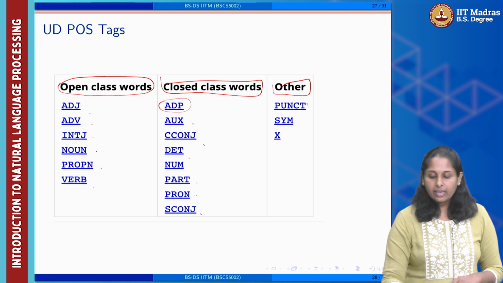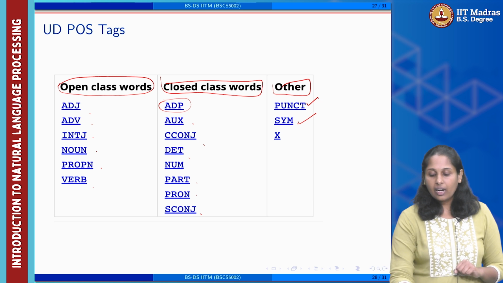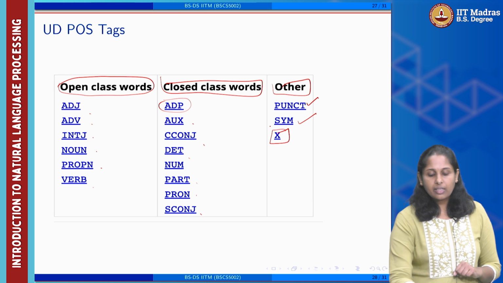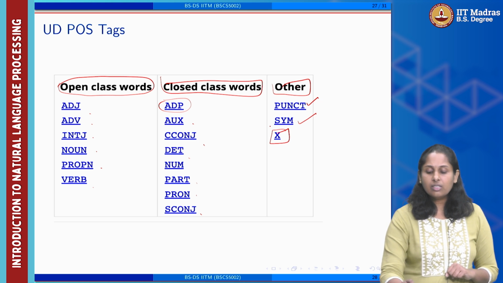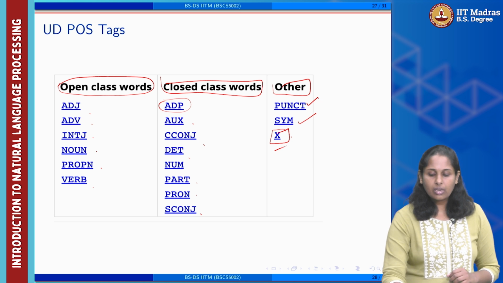And other categories like punctuation, symbols are differentiated, and if there is no other category that we can give from this particular list, if it is very specific to a particular language, they can still use X as a category.